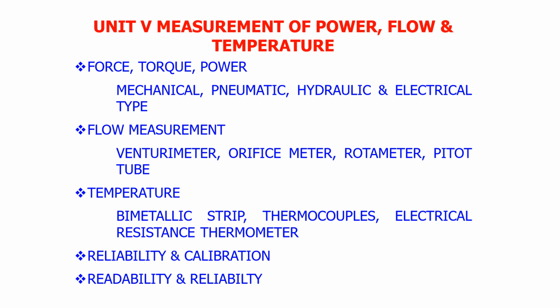For that, we have the venturimeter, orifice meter, rotameter, and pitot tube. These are the 4 instruments used for measuring the flow. And for temperature, we have bimetallic strip, thermocouples, and electrical resistance thermometer. These are the 3 methodologies adopted in temperature measurement. Apart from these 3 categories, we have the reliability and calibration methodology, and finally readability and reliability. These are the 5 major topics which govern metrology and measurements.